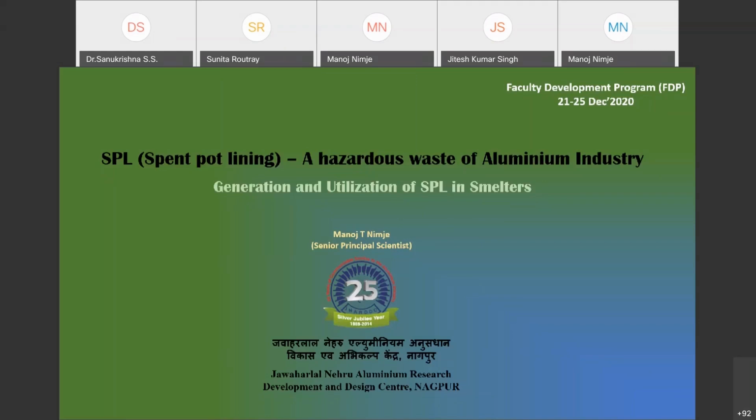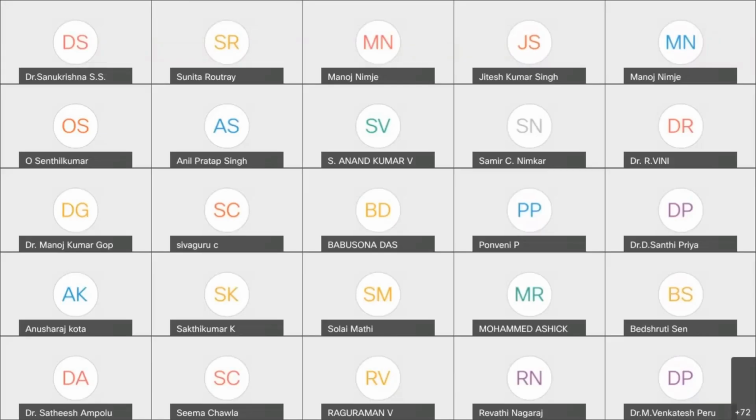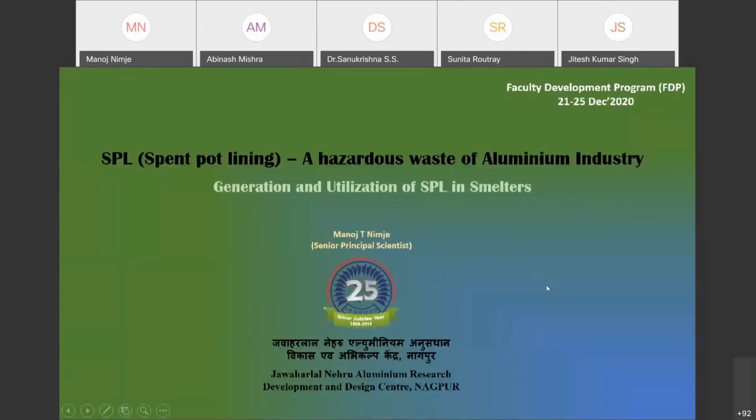And in this presentation, I will speak about what is SPL, how it is generated, why it is classified as a hazardous waste material by Central Pollution Control Board, that is CPCB India, and what are the different practices or methods followed by aluminum smelters in India or abroad for its disposal, treatment, and utilization.